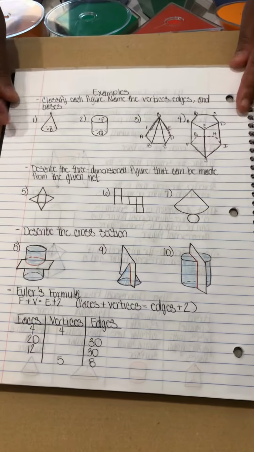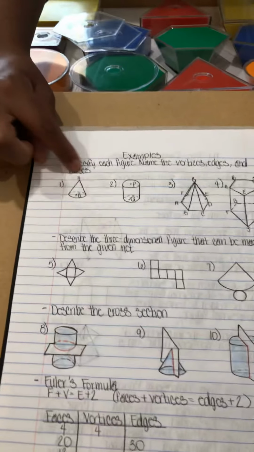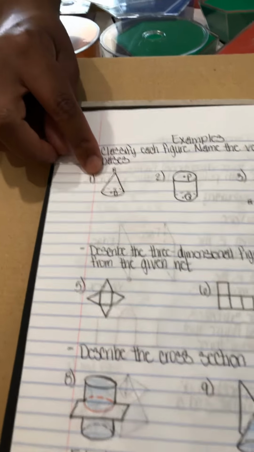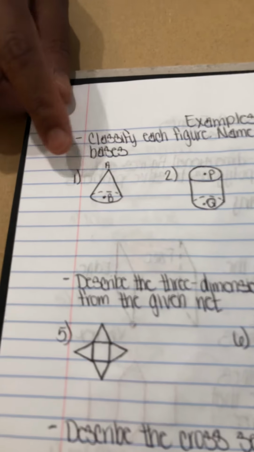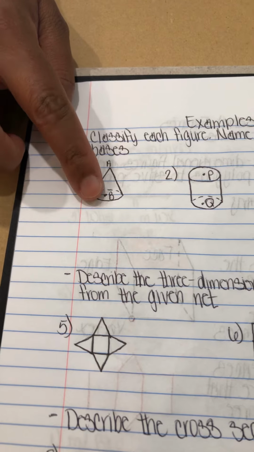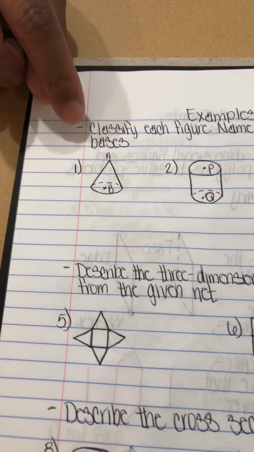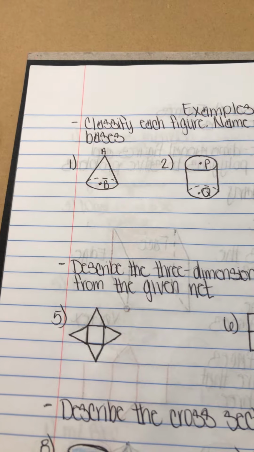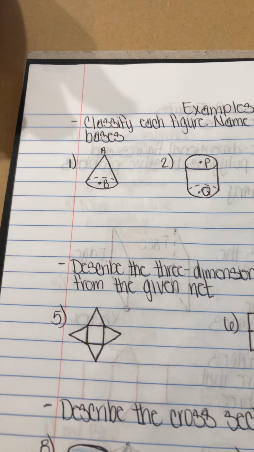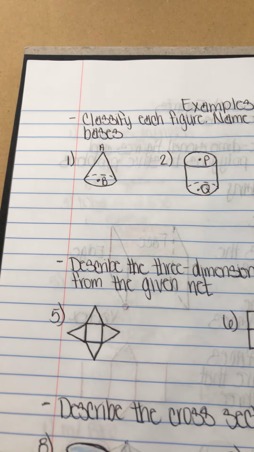For the first example here, this shape, you guys should know, is a cone. A cone only has one base, and then, of course, it doesn't have any edges because it is a cone.